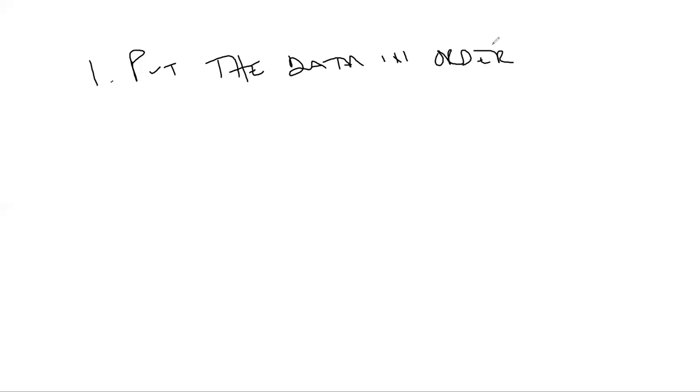Our first step is always to put the data in order. You might want a piece of paper when you do your assignment so that you can put them in order.